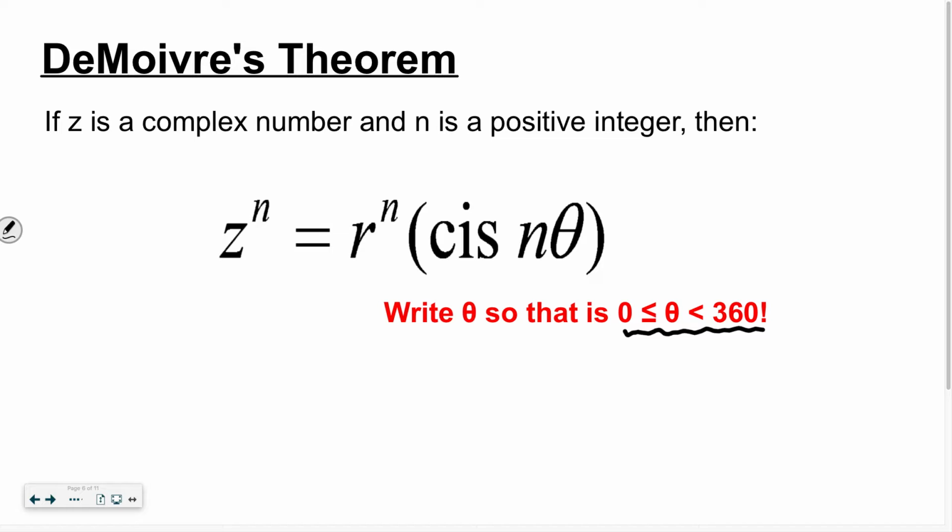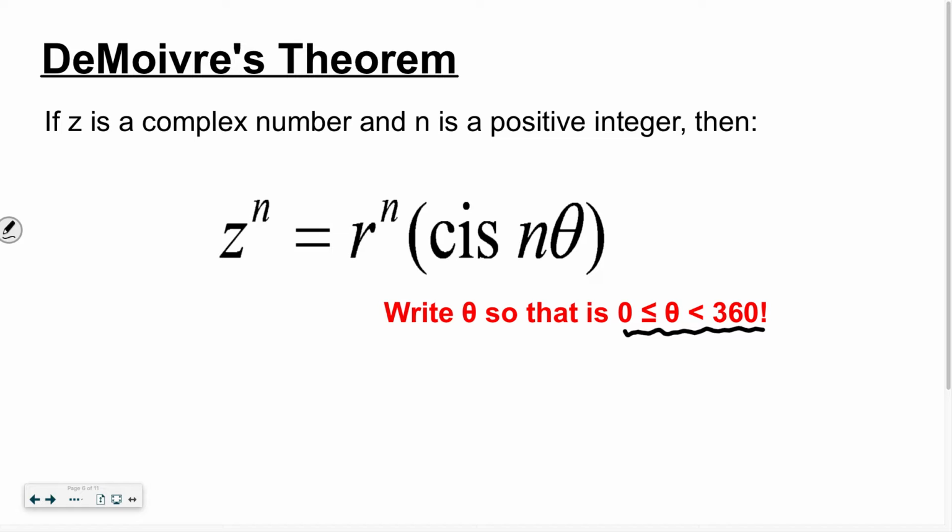And that won't fit inside that range. So if your angle turns out to be 400, what should you do? Subtract 360. Find a coterminal angle, an angle that's exactly the same but has a different measure. So that would really turn into cis 40. So always adjust so that your angle is within the acceptable range.